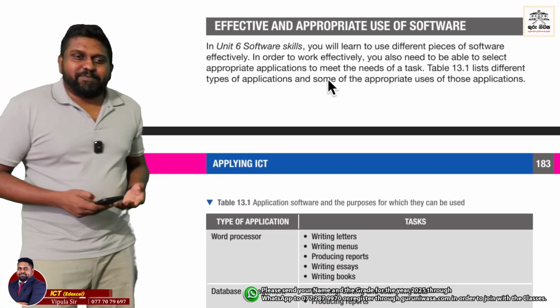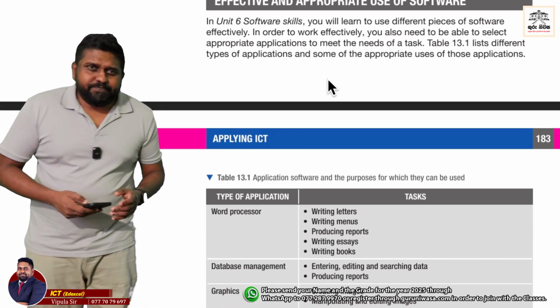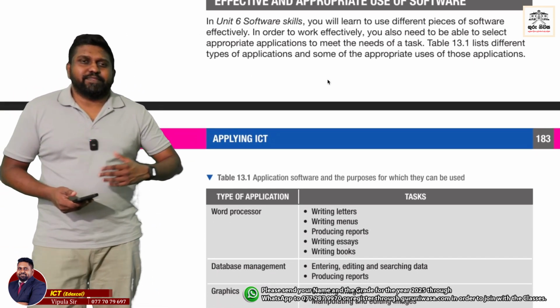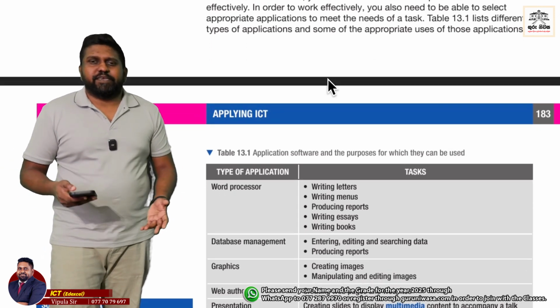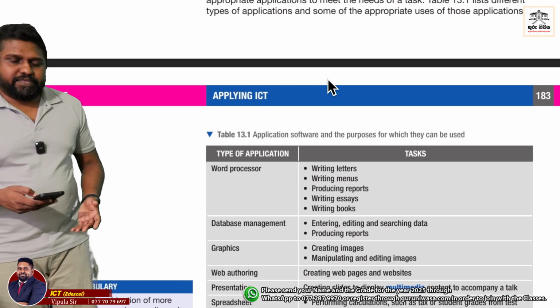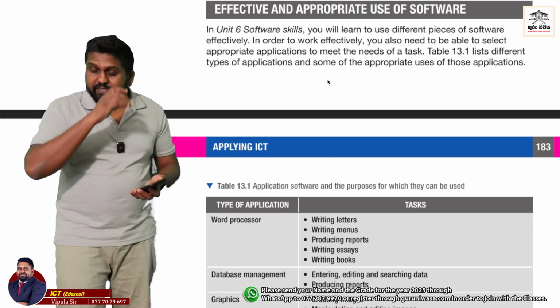Effective and appropriate use of software. Now, when it comes to ICT, this is a primary point where people have so many different types of software. I will give you a small brief history and then you can easily understand.